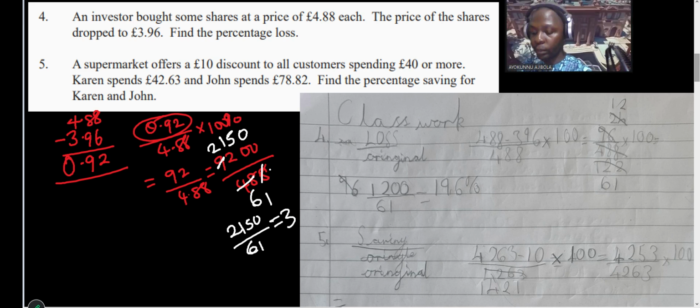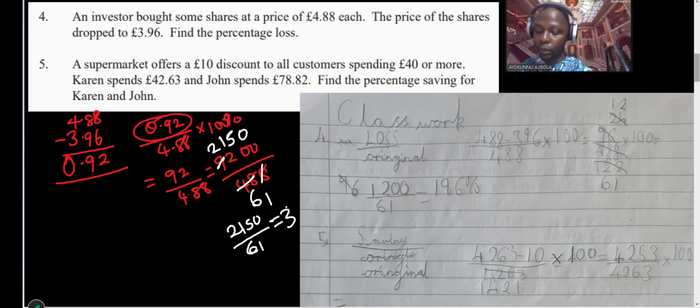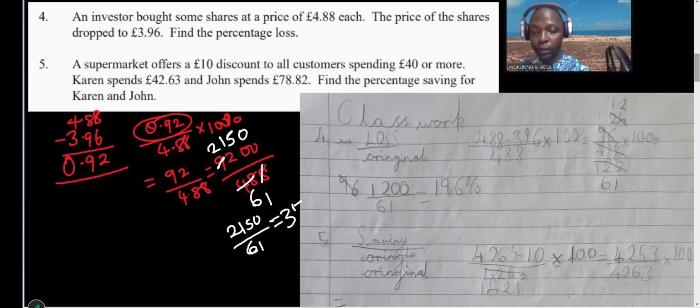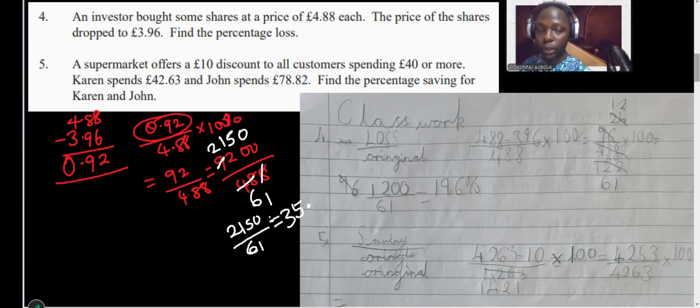Let me see, was that what I got before? I used the calculator initially, right? And it says 0.92 divided by 4.88, then times 100. Well, maybe something is off with this thing, because it's not giving me the same answer, but we got the same 0.92.